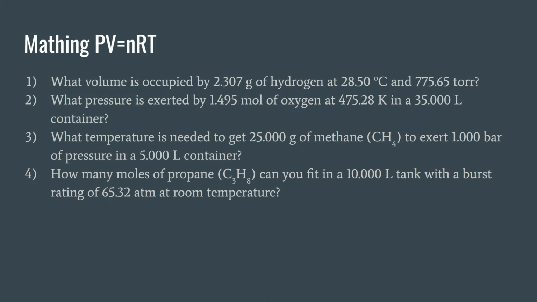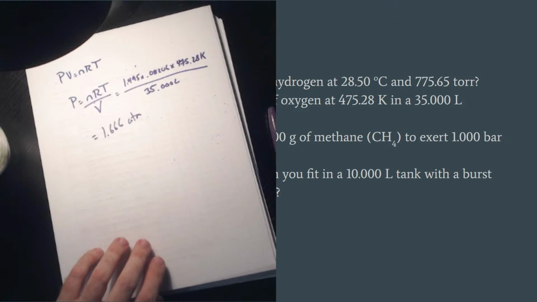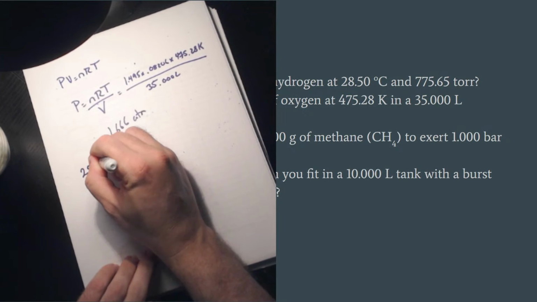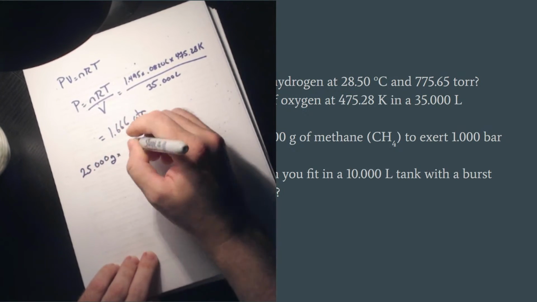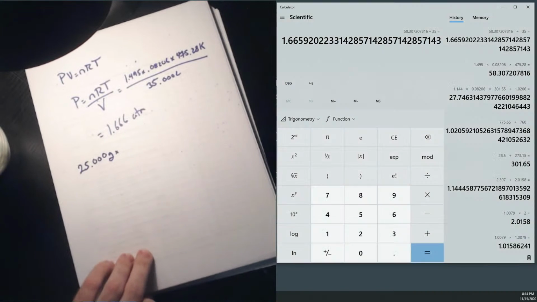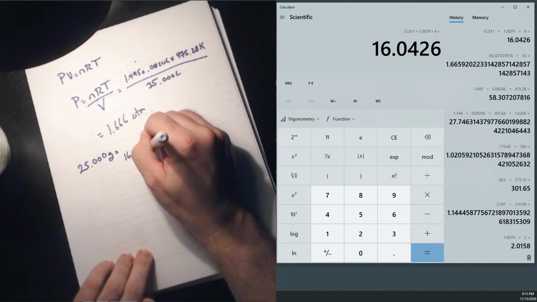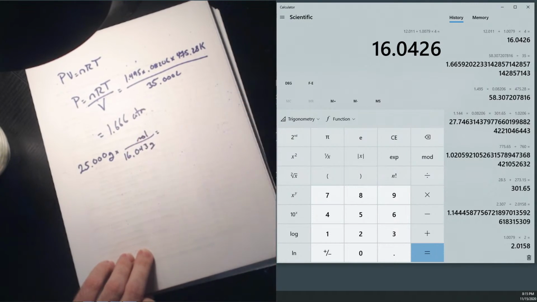What temperature is needed to get 25 grams of methane to exert 1 bar of pressure in a 5-liter container? Okay, so 25 grams of methane, we're going to need to convert to moles, at 16.043 grams per mole.